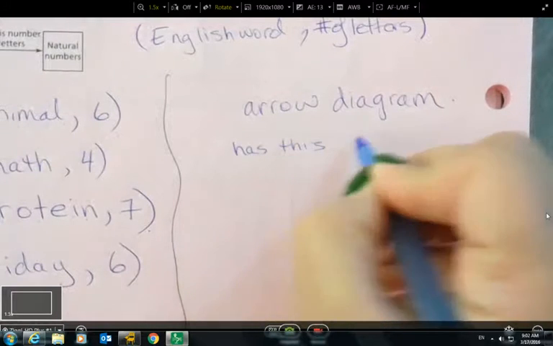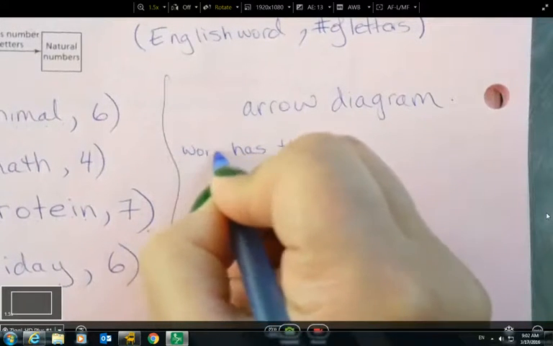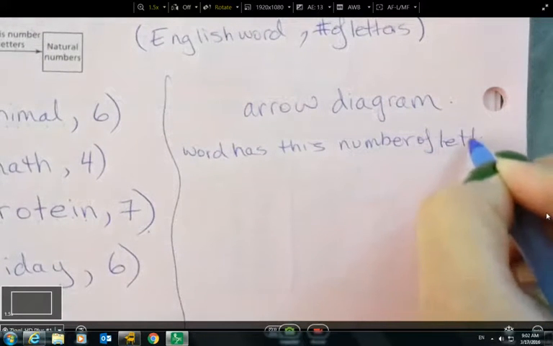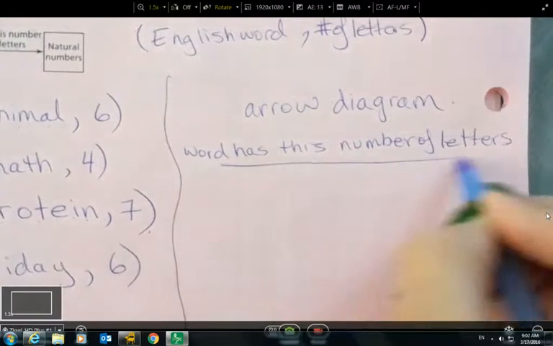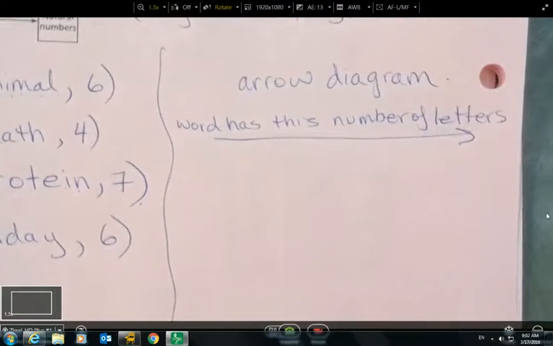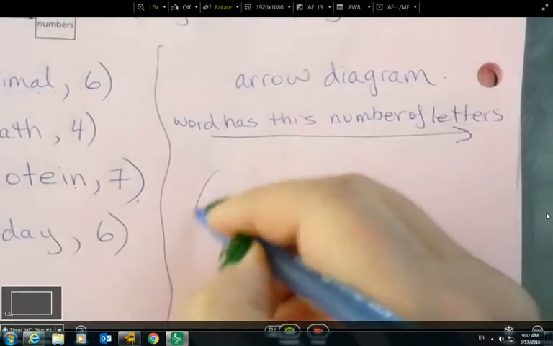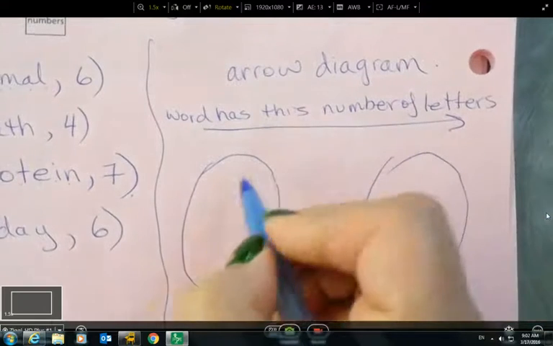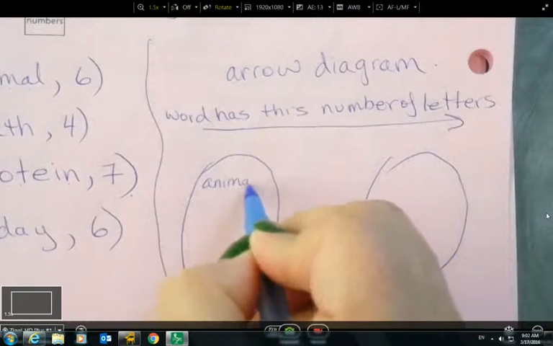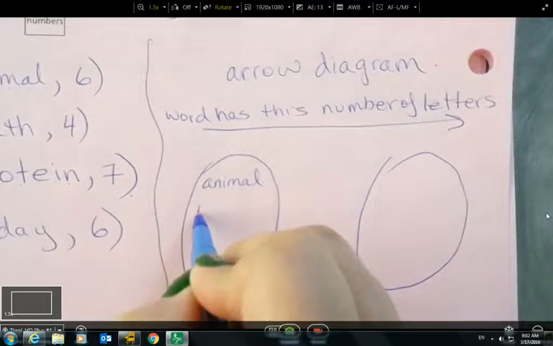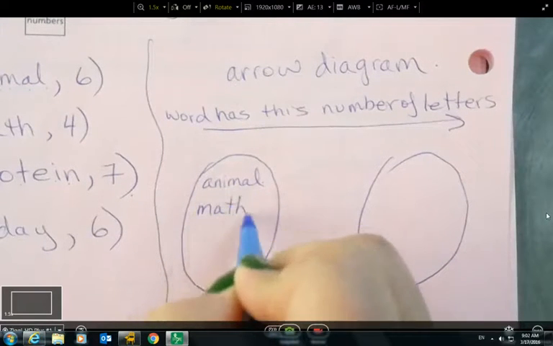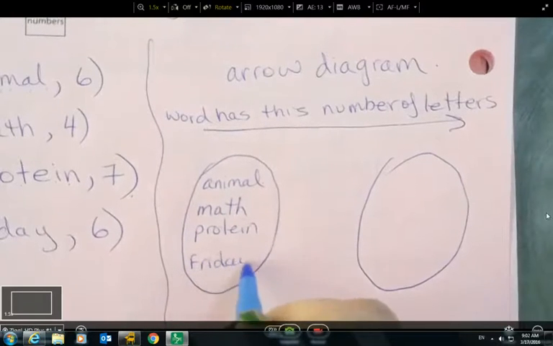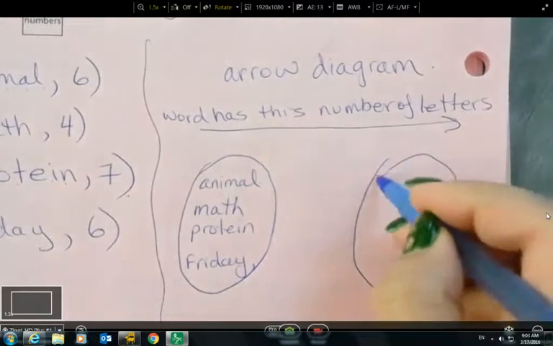Word has this number of letters, and it's going to go in that direction. And then words on this side and numbers on the other. So animal, math, protein, Friday. Okay, and then what am I going to write here?